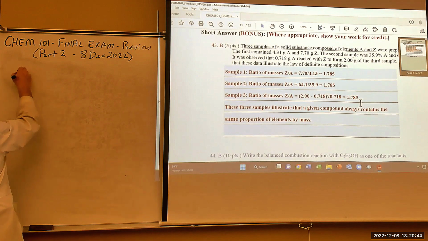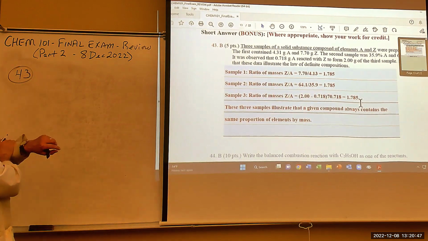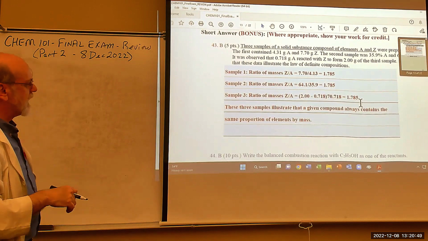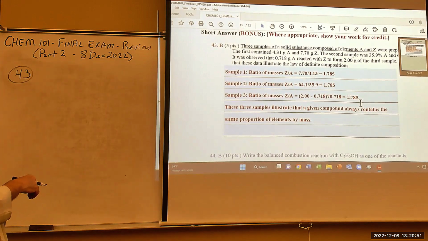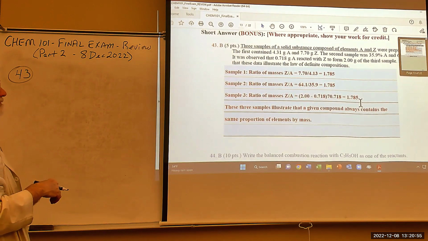All right, 43. 3 samples of a solid substance composed of elements A and Z were prepared.